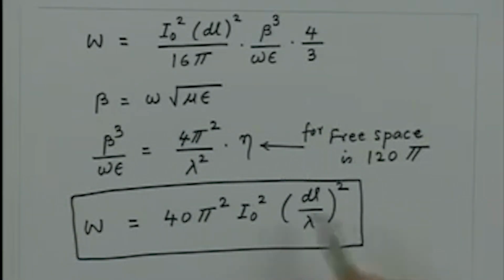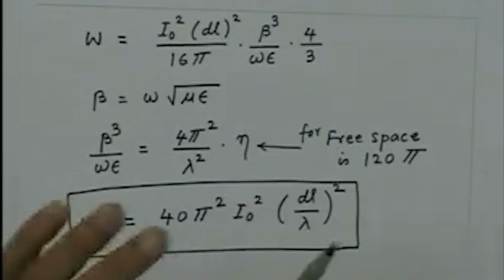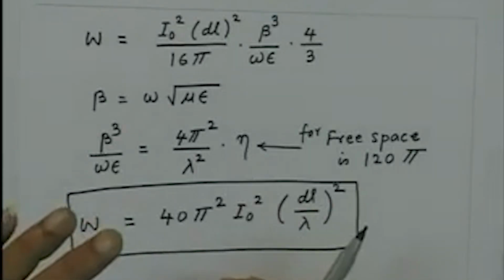So, this now tells me that as long as the structure is much smaller compared to the wavelength, I can treat this structure like a Hertz dipole, and then just using the concept which you have developed, we can calculate the power radiated by the dipole.